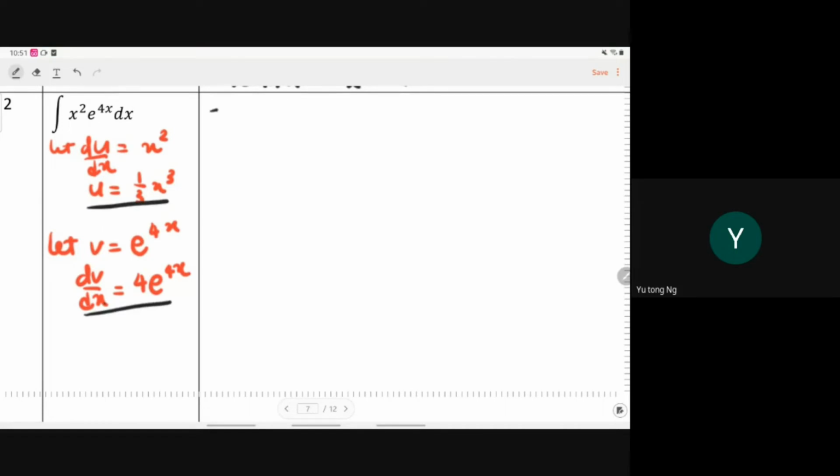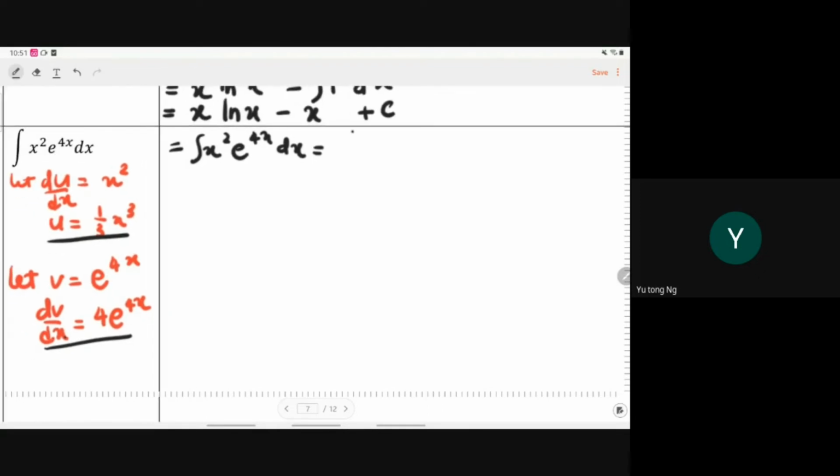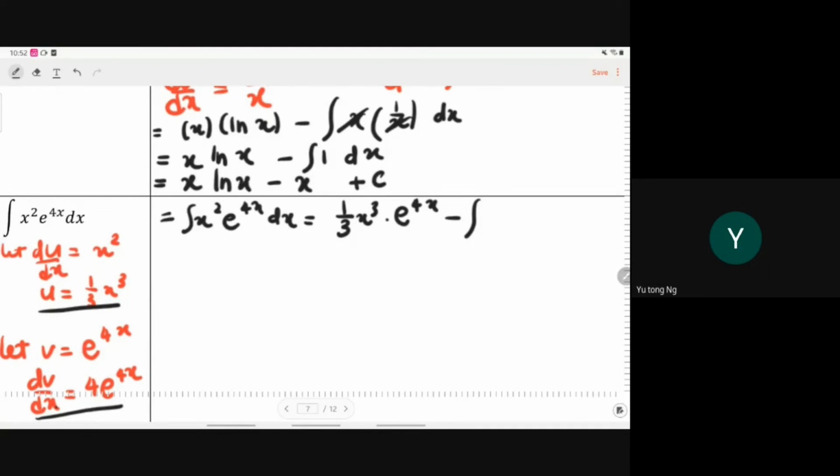So when you already find out what is your u, what is your dv dx, then you can use the formula: integrate x square e^4x dx equals to uv. So your u is 1 over 3 x cubed multiply with your v, which is e to the power of 4x, minus integrate u dv dx, kan formula dia.